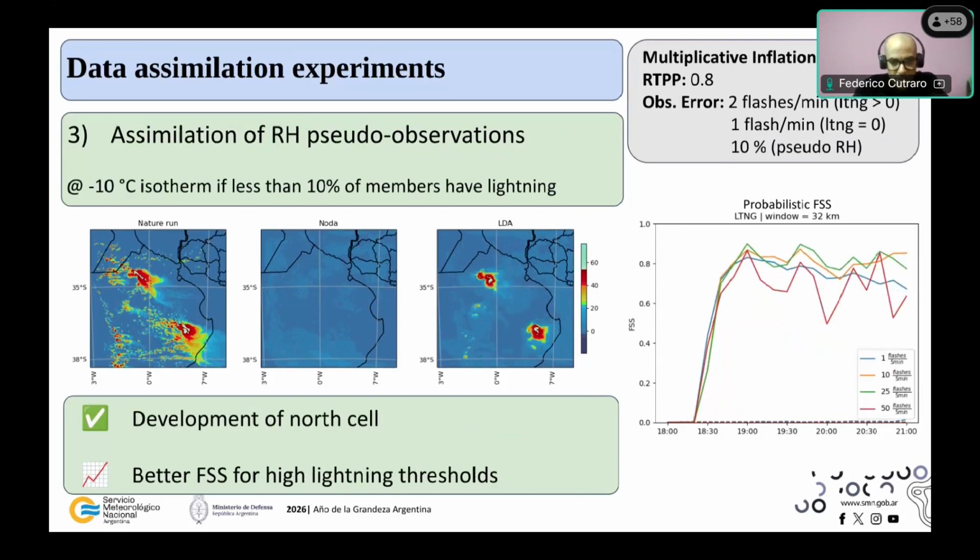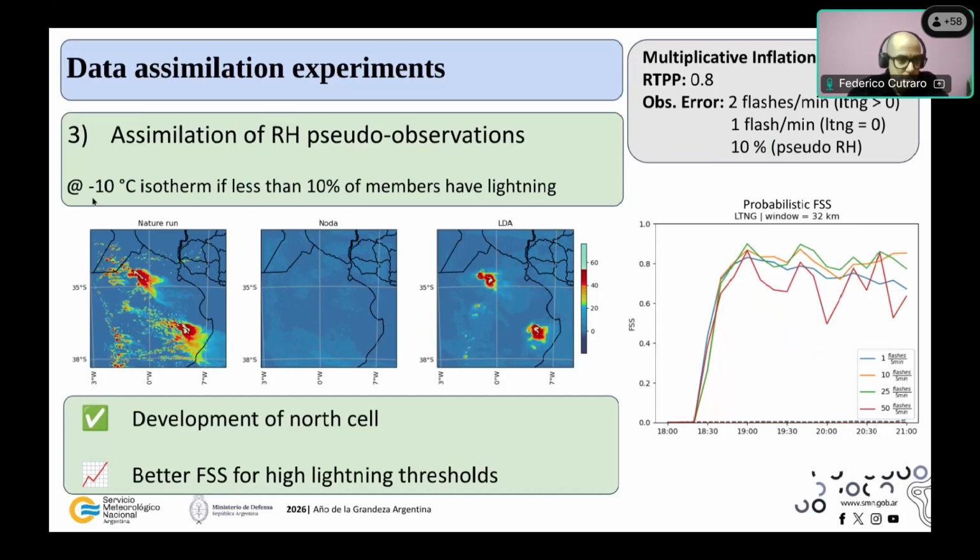As I mentioned earlier, to tackle the limitation in the LETKF in the development of the North cell, we assimilate relative humidity pseudo observation if the analysis doesn't have enough members to represent lightning.